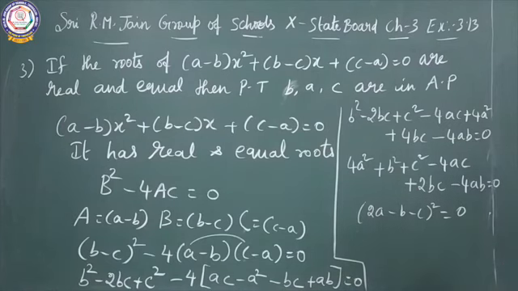Again I repeat the formula: (a plus b plus c) the whole square equal to a square plus b square plus c square plus 2ab plus 2bc plus 2ca.